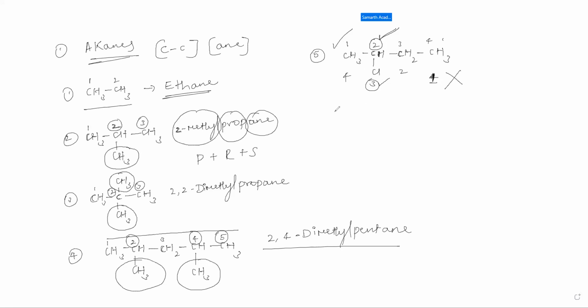So what is the name of this compound? Cl comes under substituent group, so it comes under prefix, that is 2-chloro. Total 4 carbon atoms are present, so that is butane. So 2-chlorobutane. Like this you have to name.